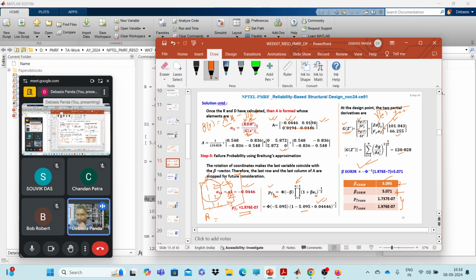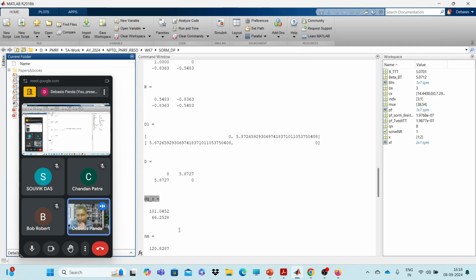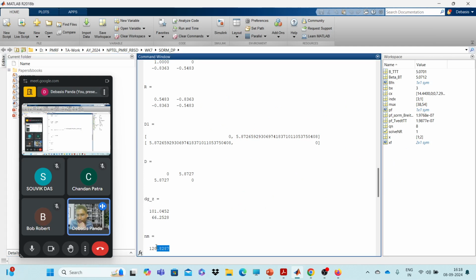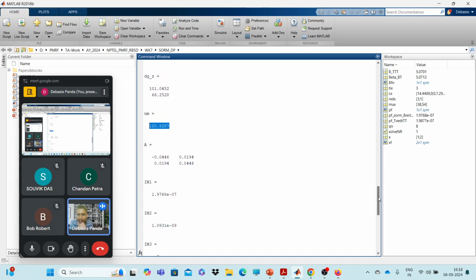Now the Euclidean norm of gz, just write it down, norm of gz, it will calculate the square root of 101 squared plus 66 point something squared, and give me the norm of these values. It is giving 120 point something. Now once we have all these, we can formulate the A matrix. So it calculates the A matrix and gives the value of A, right?